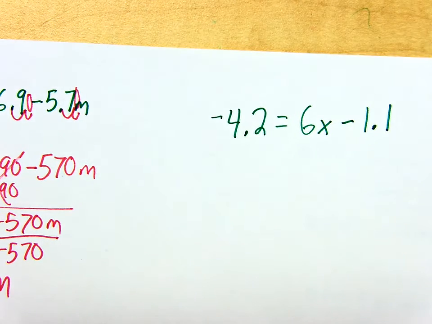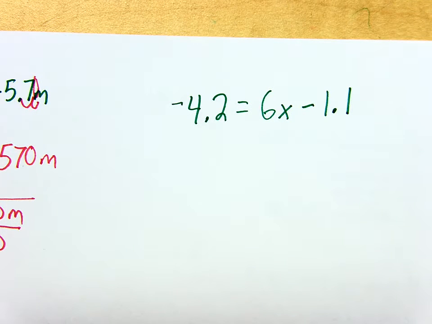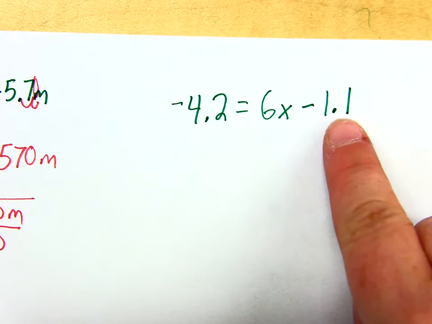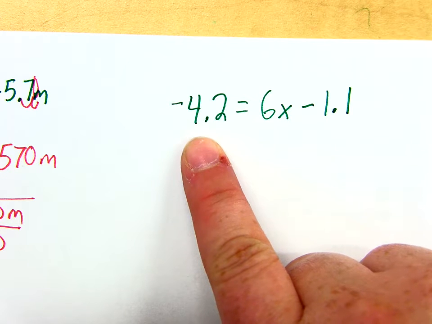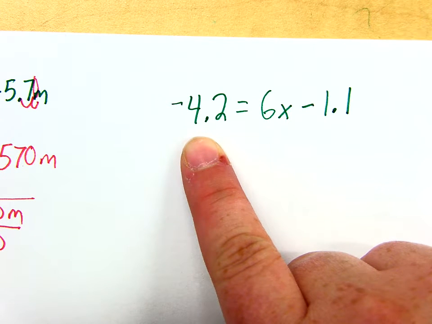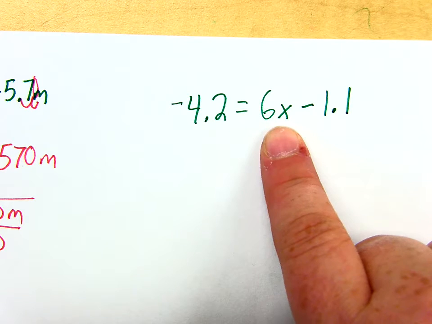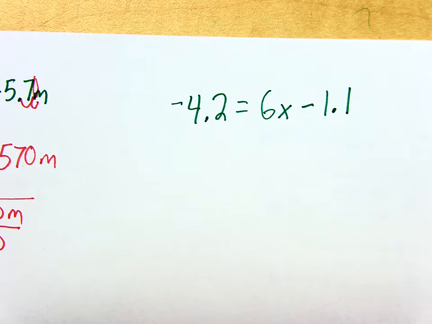All right, let's just say I did this. So if I was going to do this the old way, I'd have to add 1.1 to both sides. That's not so bad, but then I'd have to divide that decimal answer by 6, and that's kind of annoying.